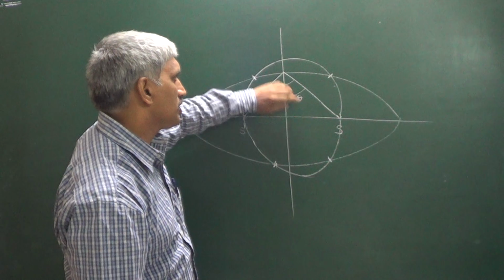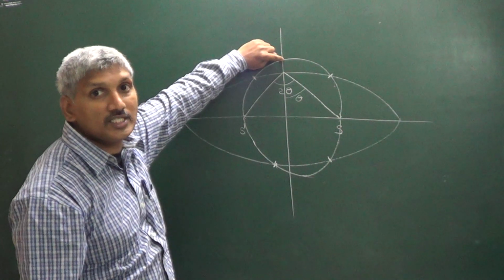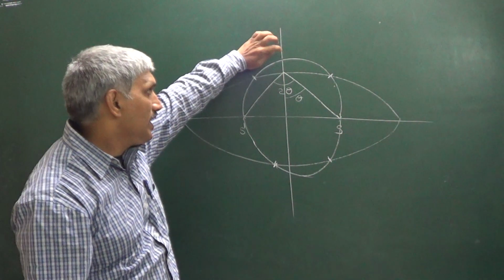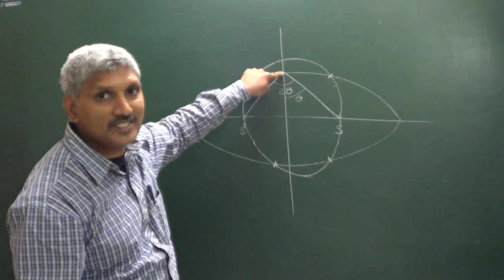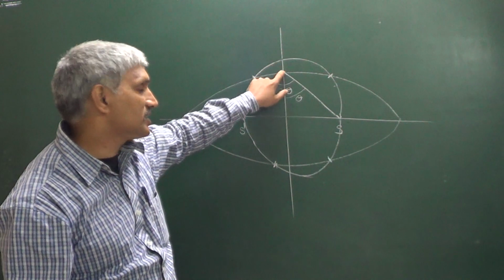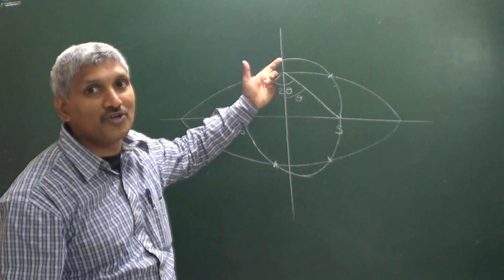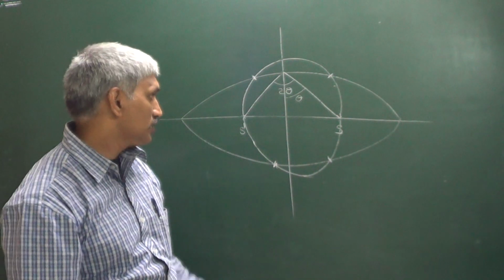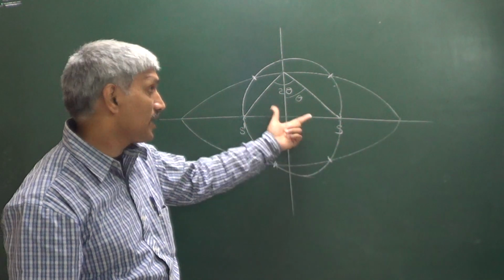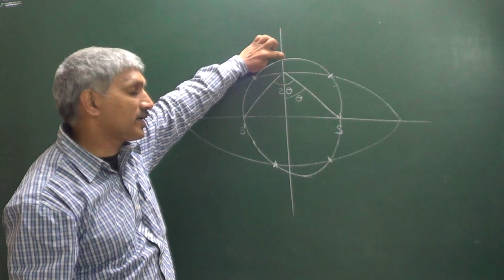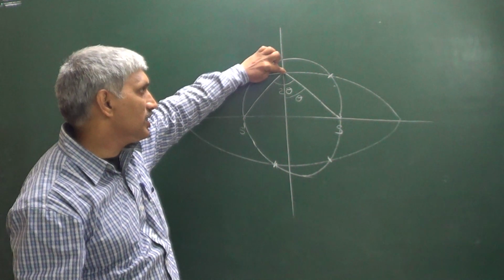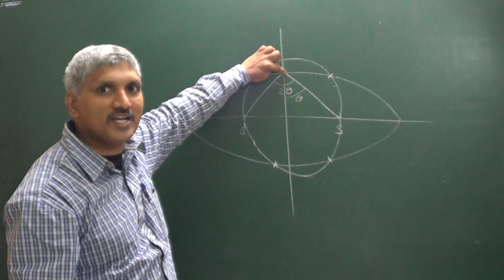So this diameter subtends 90 degrees at the circumference of the circle. At the circumference it is making 90 degrees, which means this point is on the circle. Here, inside the circle, definitely this angle must be more than 90.